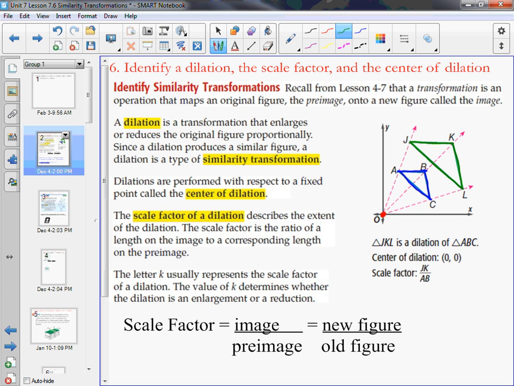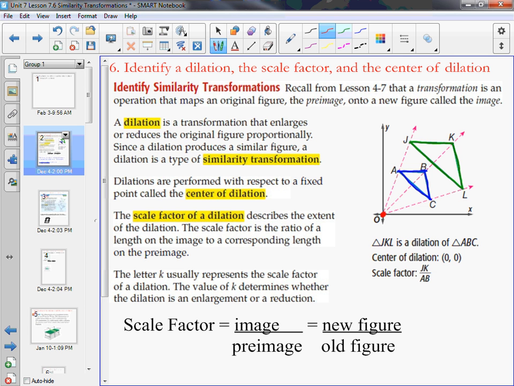So let's say that the scale factor from the blue figure to the green figure would be 1 to 2. Or of the green figure to the blue figure would be 2 to 1. That's the way we would have talked about this before now, right? Okay, either way. So the scale factor of the green to the blue, the new figure to the old figure, would be 2 to 1, meaning that every side of the green triangle is 2 times bigger than the side from the blue triangle it corresponds to.